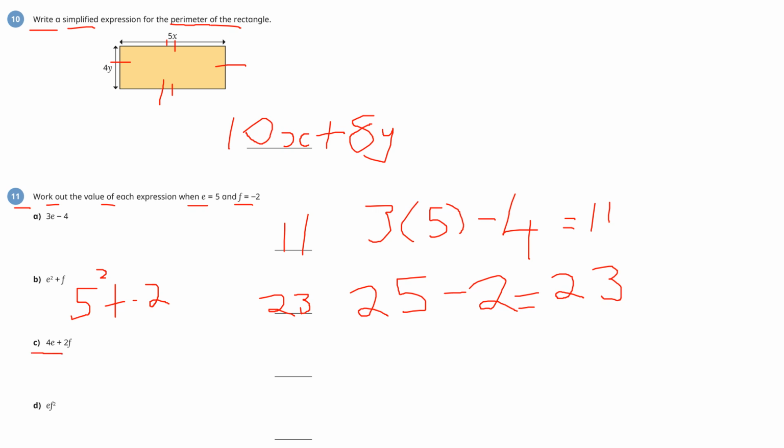Part C, 4e plus 2f. We're going to have 4 lots of 5, plus 2 lots of minus 2. So 4 times 5 is 20. 20 plus minus 4 is 20 minus 4, which is 16.